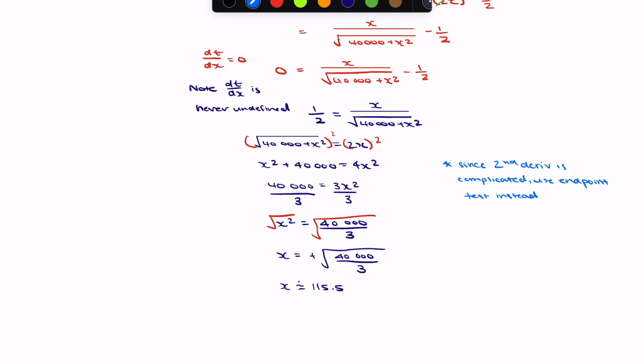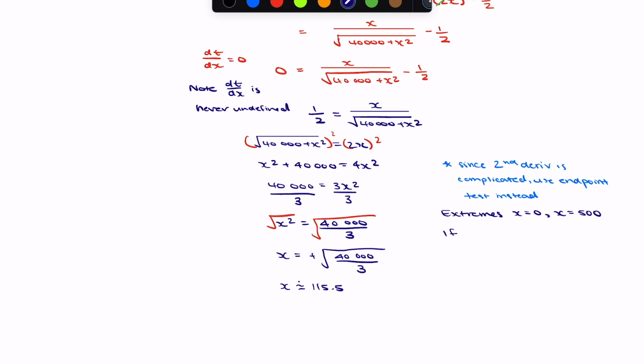Okay, so again, the extremes would be 0 and 500, the endpoints in this situation. So that'd be x is equal to 0 and x is equal to 500.